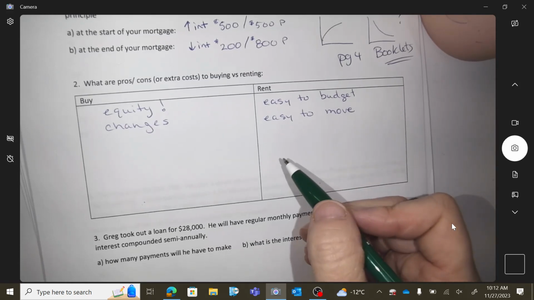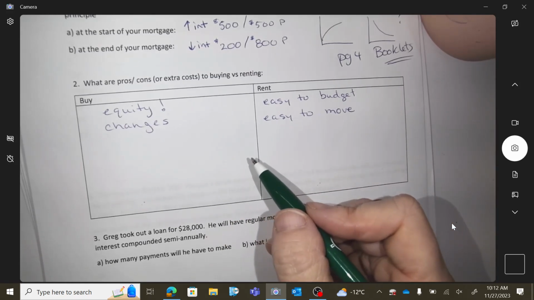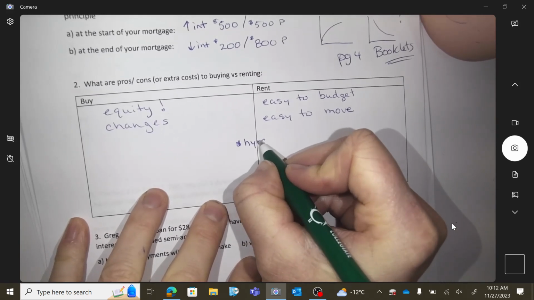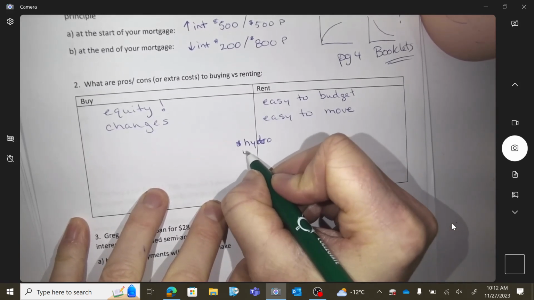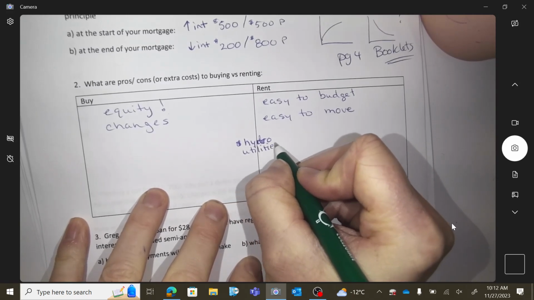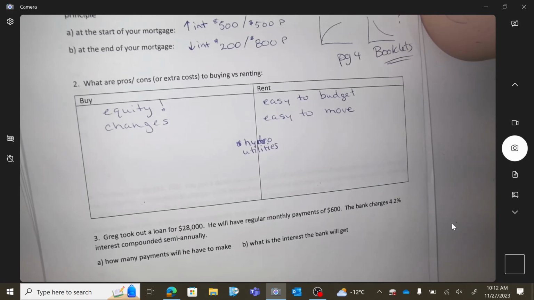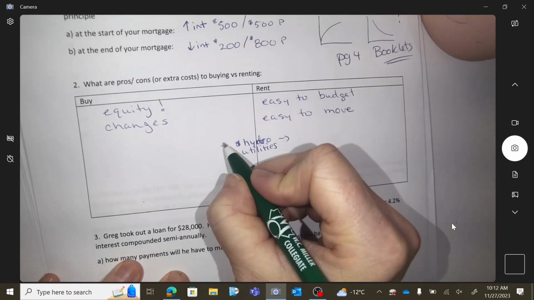Okay. Let's talk about costs. So both people have to pay hydro and utilities, right? Usually, unless you're renting like a basement suite. Those kinds of things go to both people.